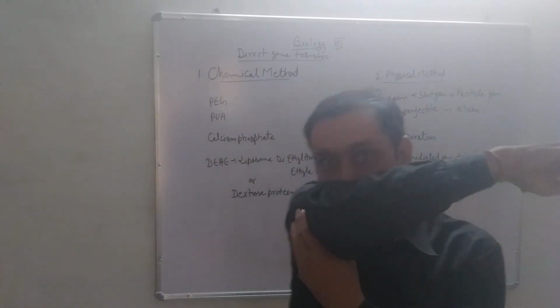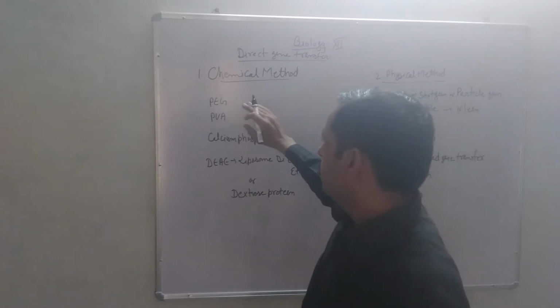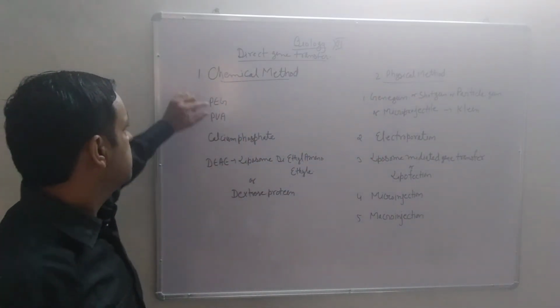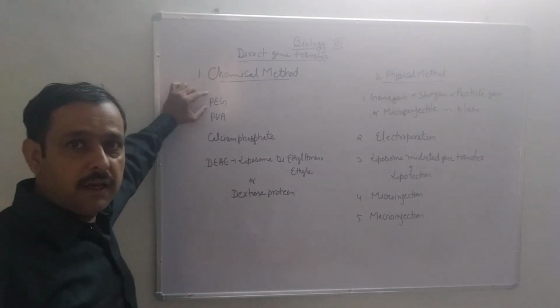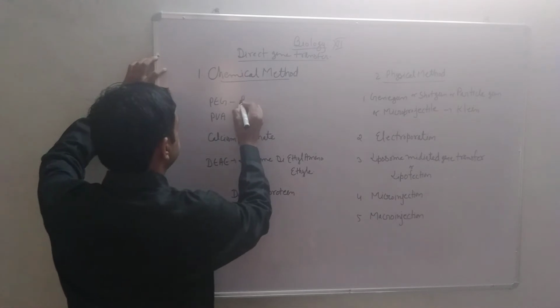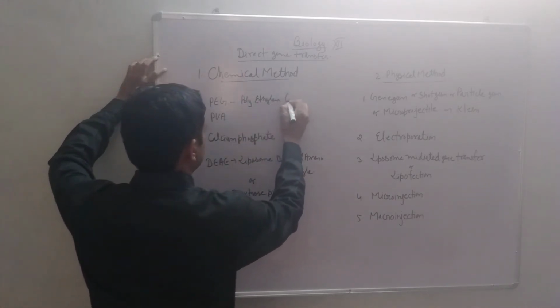Now first of all, chemical method. In chemical method, first of all you see some examples of chemicals. PEG. Here a 1 mark question is asked: what is the full form of PEG? Polyethylene glycol.